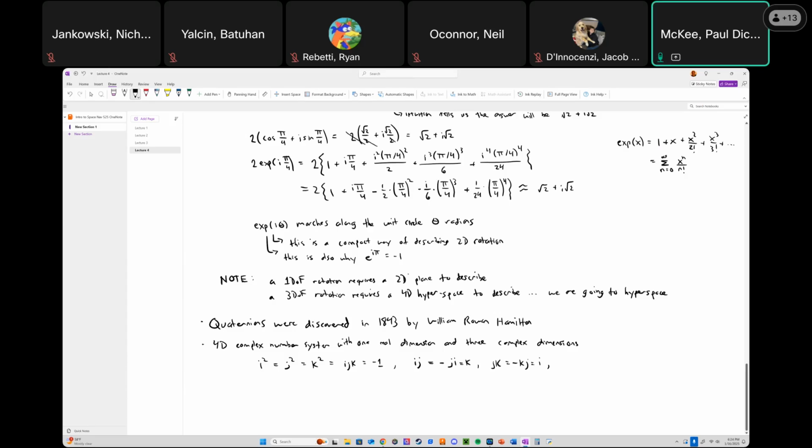And then ki is the same thing as -ik, which equals j. And these relationships look a little bit like x cross y is z, y cross z is x, z cross x is y. So there are some really interesting relationships between this and some of the vector techniques we're used to.